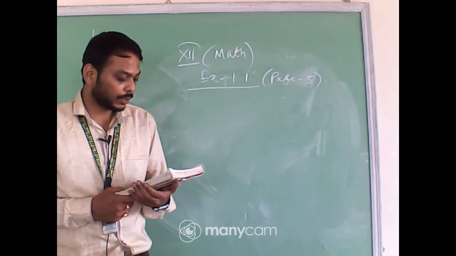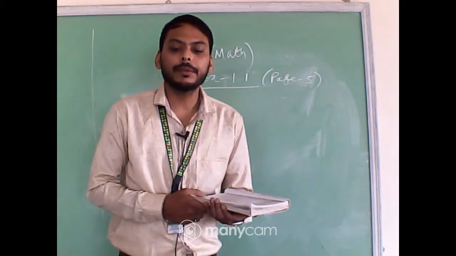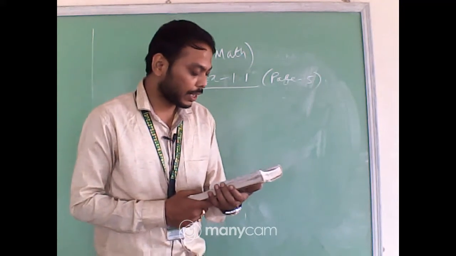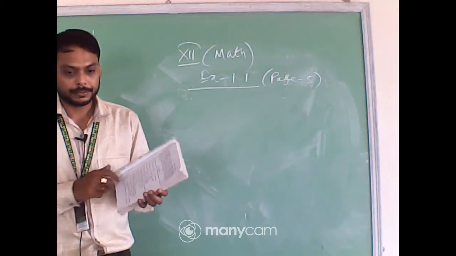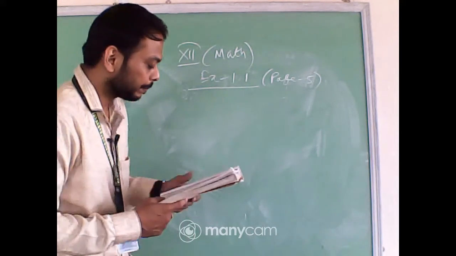Determine whether each of the following relations are reflexive, symmetric and transitive. That means you have to check the relations given here from the book. Open the book and also the copy.